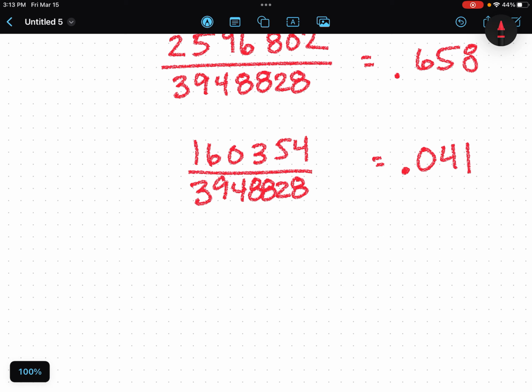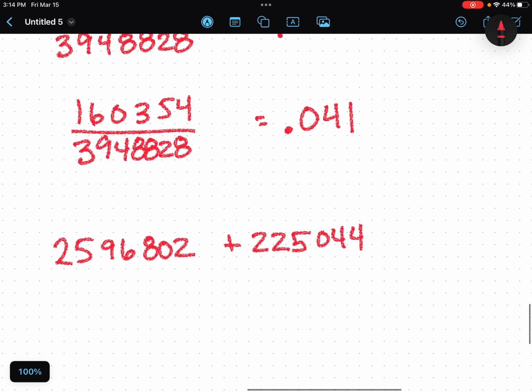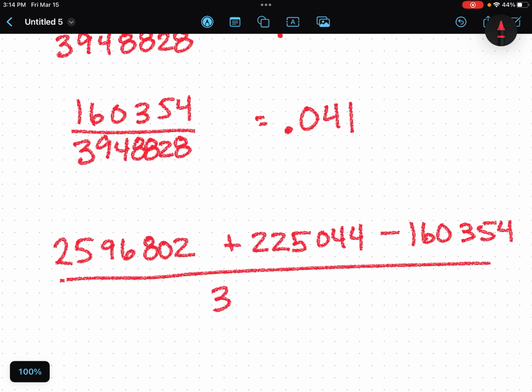Part D, what's the probability that a randomly selected baby was post-term? So here's where the "or" part comes in, and here's where you're going to have to add it. The 3,000 grams was this many births in the country. Post-term was this many births in the country. However, we had some overlap of this. So if you think about this, this is really nothing more than that addition rule I was giving you.